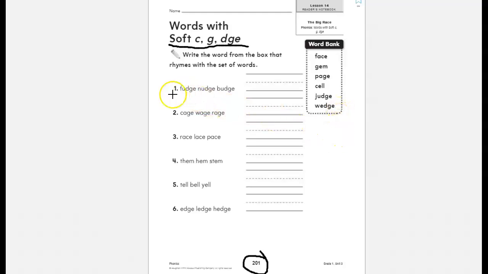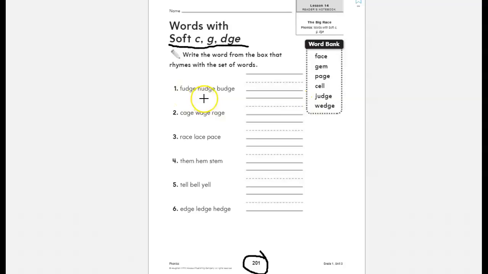So, I am going to help you read each of these set of words, and you are going to choose which word from our word bank rhymes with this set of words. So let's start with number 1. We have the words fudge, nudge, budge. Which word from the box best matches?